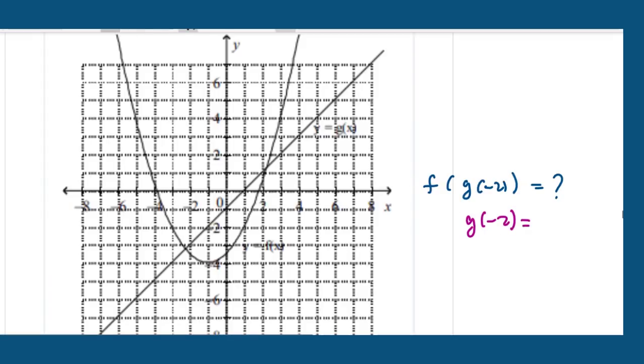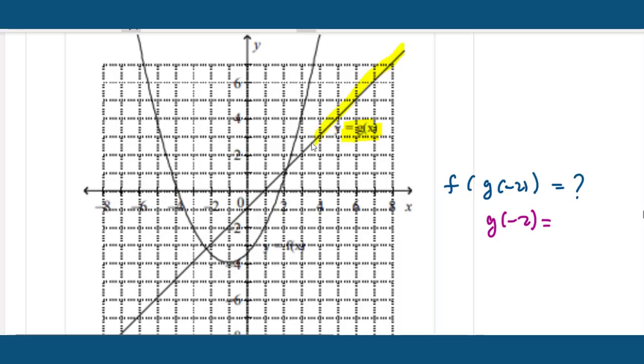This is function f and this is function g, the line. Check negative 2, so negative 1, negative 2. g of negative 2 is here. Touch this one at negative 3. So the answer is negative 3.